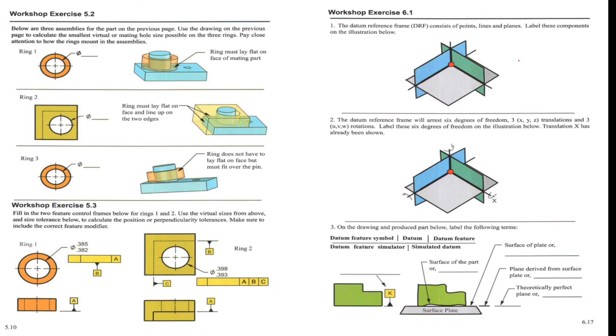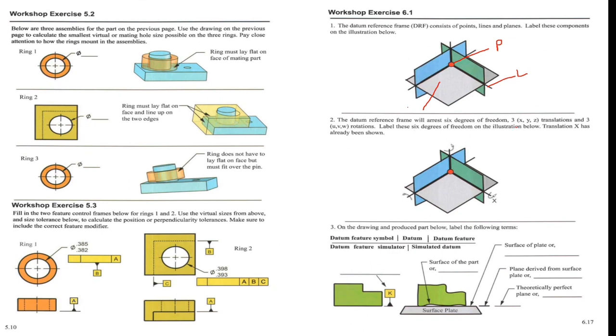And then here in this exercise, we have to label these points, lines, and planes. So everyone knows it's my point. These are my axes, these are my lines, and this is a plane.